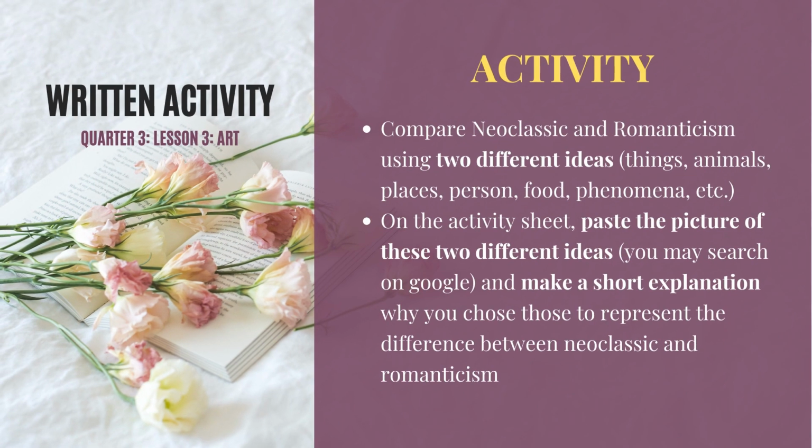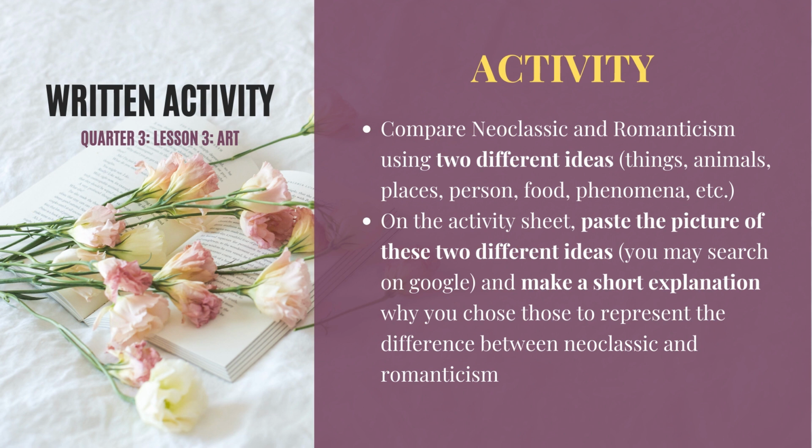Now that we are done with our discussion, let's have a short activity. In this activity, you are going to compare Neoclassic and Romanticism using two different ideas. It may be two different things, two different animals, or two different places, or two different persons, or food, or phenomena, or whatever.